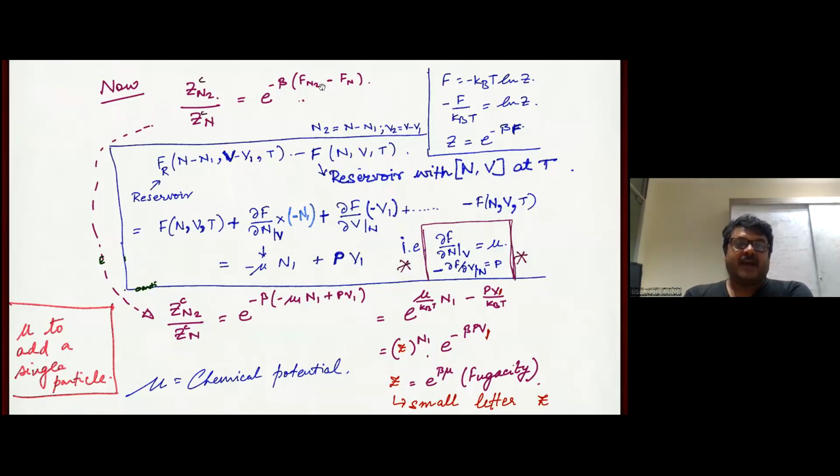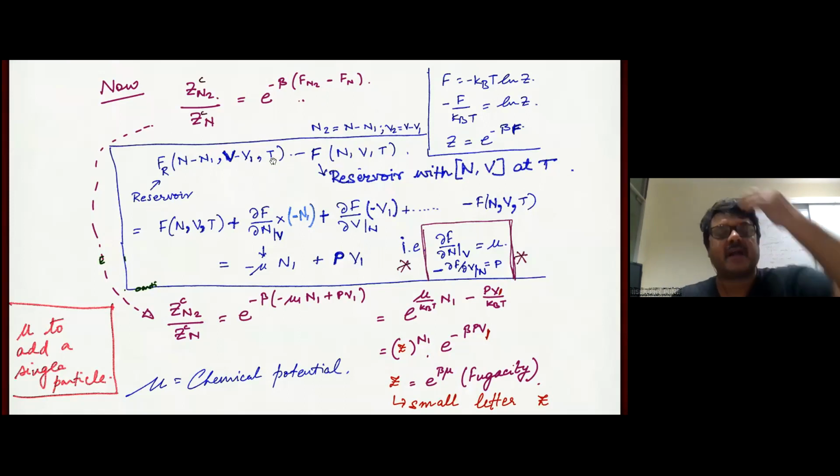So we are trying to evaluate the difference in free energy, and the way we evaluate it is by saying, okay, this is the free energy of the reservoir with n minus n1, which is n2 number of particles, v minus v1, because that's occupying a certain volume. So these are extensive quantities, hence they can be shared, but of course temperature is an intensive quantity.